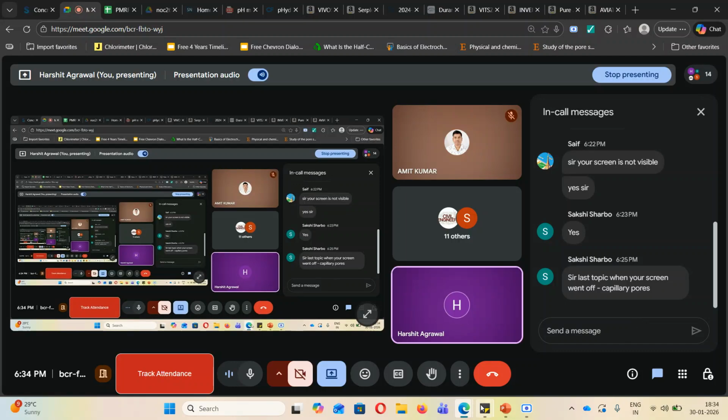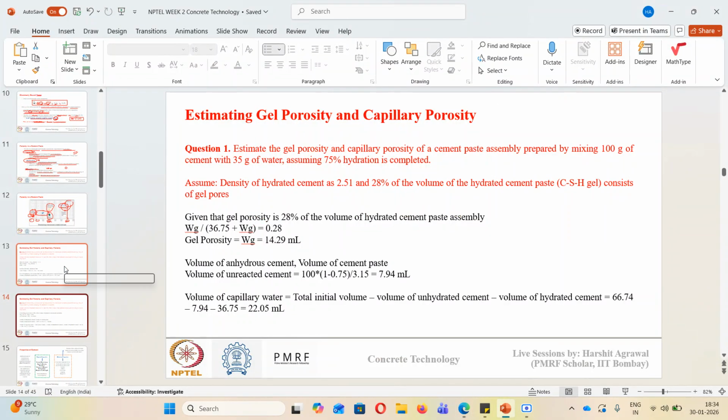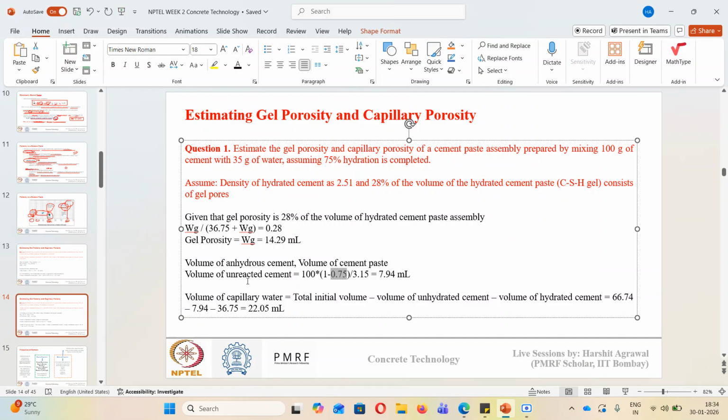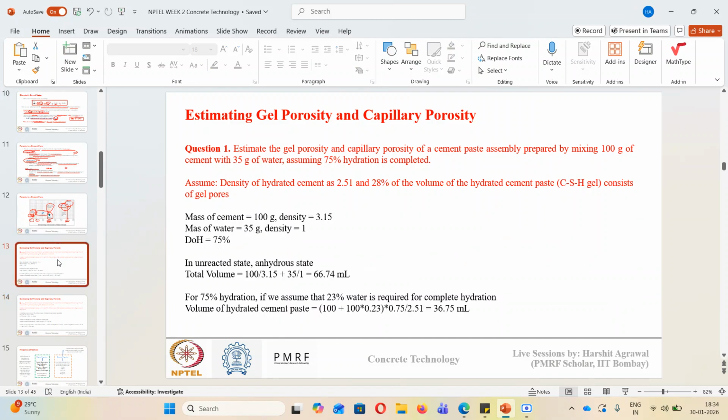Similarly, when the system is not 100% hydrated, suppose in your NPTEL exam it is given that the degree of hydration is 70% or 80%, how do you take that factor into account? For that I framed this question with this additional 0.75 factor in the calculation. You just need to remember how you proceed along with this question.